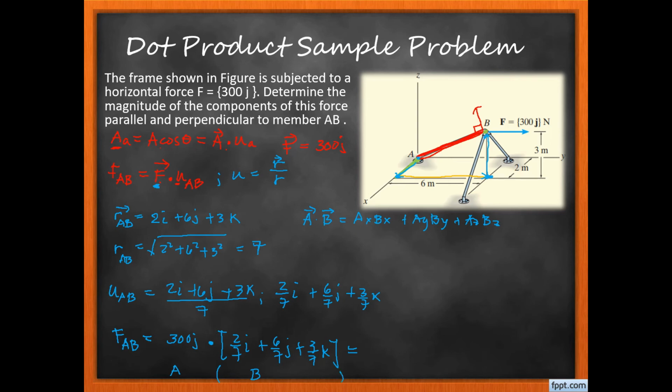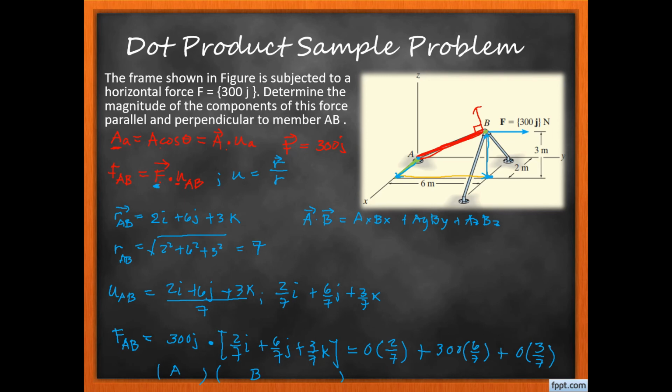So yung AX niya ay 0, and then yung BX natin, ito is 2 over 7, plus yung AY natin is 300 times yung BY natin is 6 over 7, and then plus yung ating AZ is 0 again, multiplied by yung ating BZ is 3 over 7.